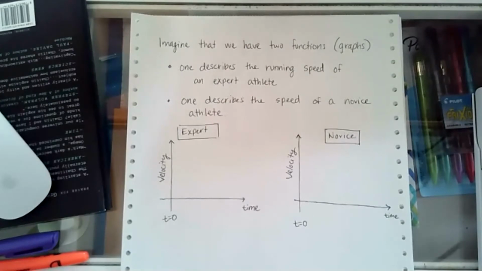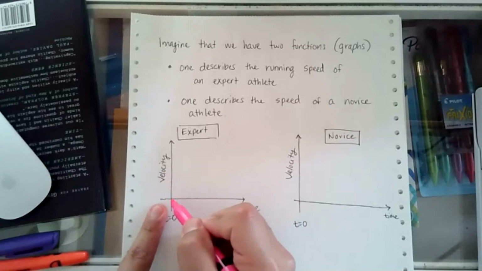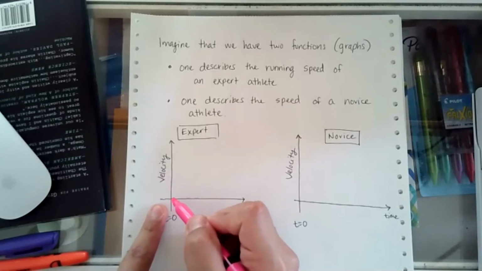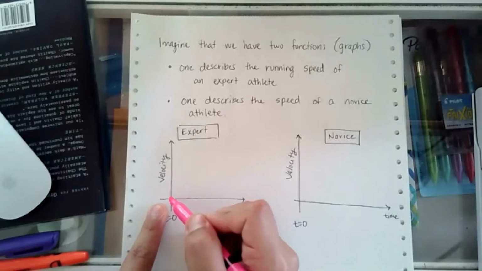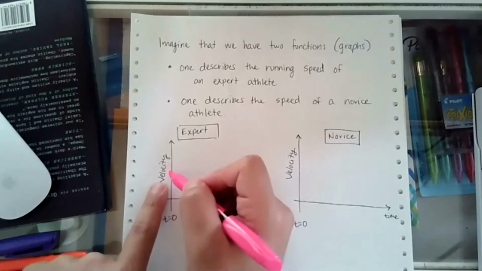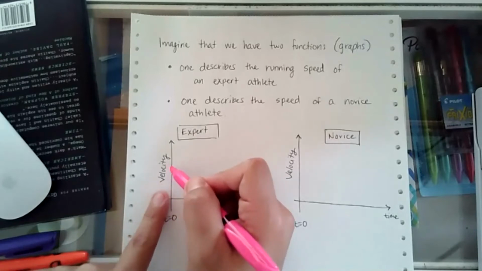You could imagine that as the expert runner starts a race, their velocity starts at 0, correct? They shouldn't be starting instantaneously at 60 miles an hour. Plus we're talking about runners, so maybe more like 7 miles an hour.